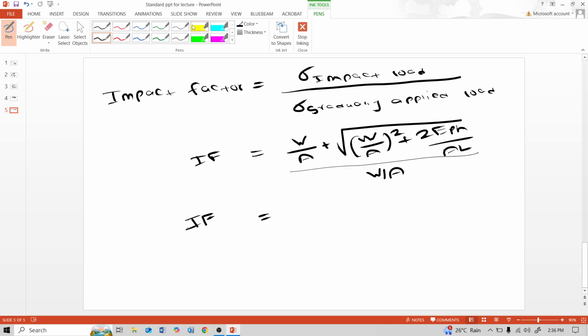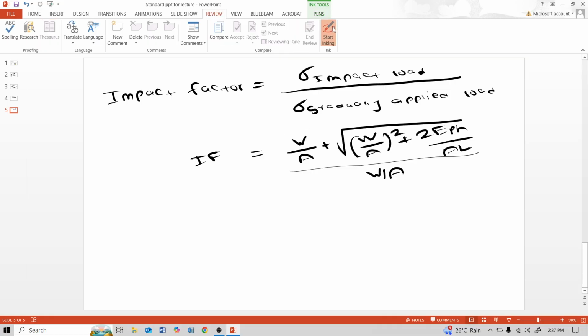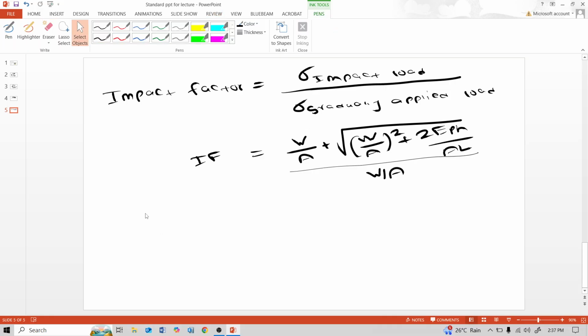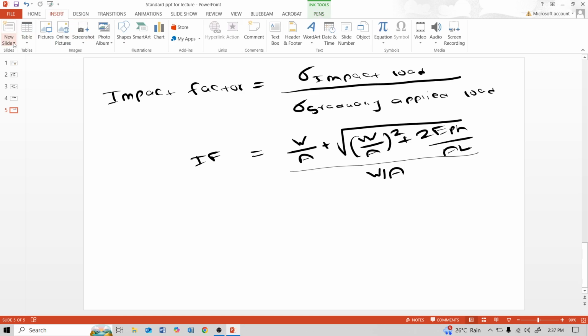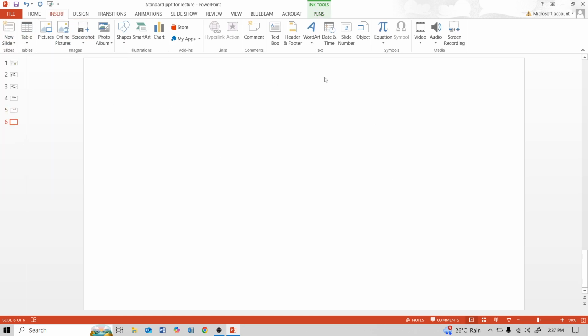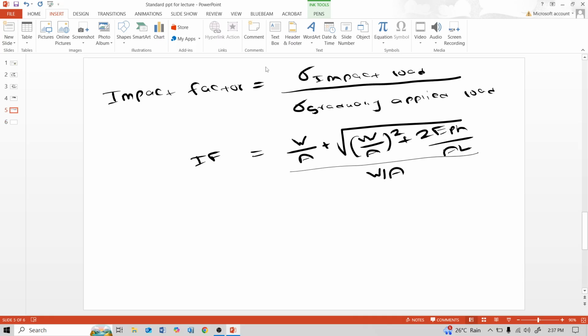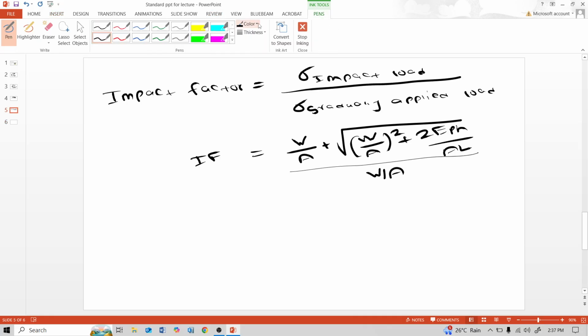If you solve it mathematically, this is the impact factor. Here the suddenly applied load term comes.